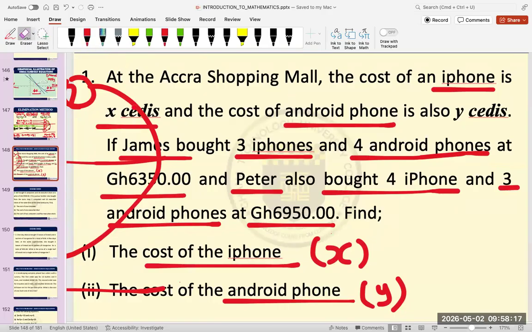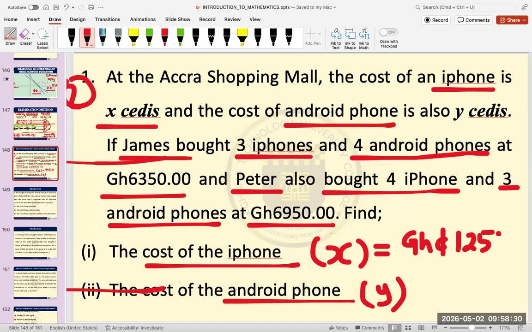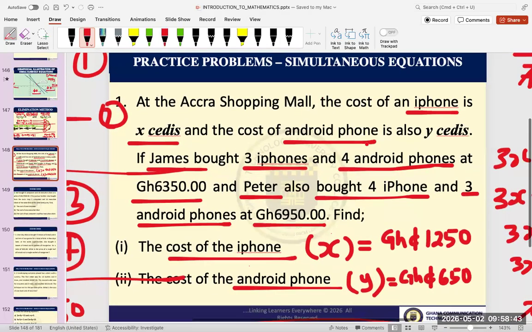At the end of the day, we've found that X, which is the iPhone, is 1,250 Ghana cedis, and then the Android is 650 Ghana cedis. This is how you can use simultaneous equation to solve a real life problem.